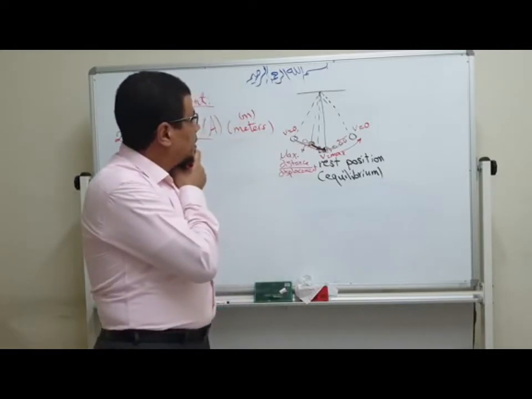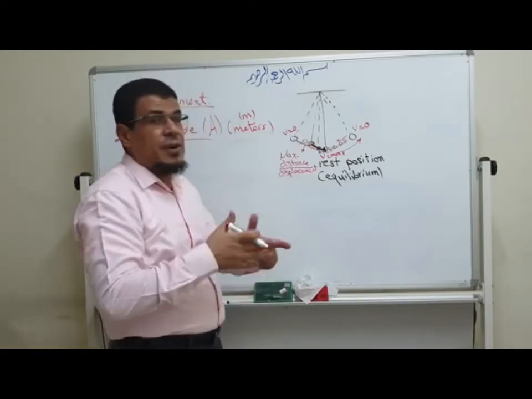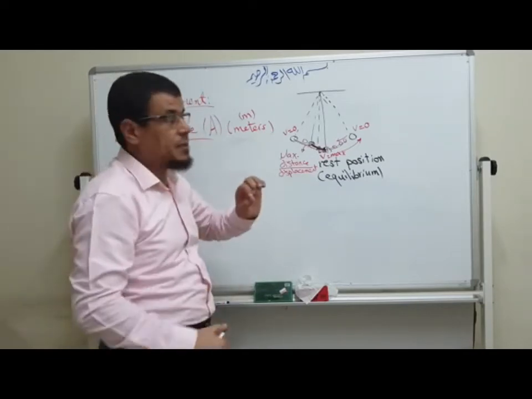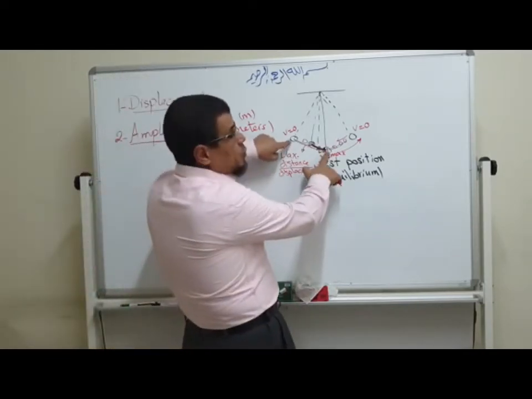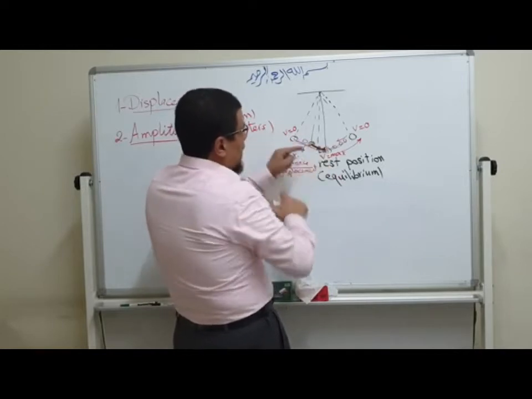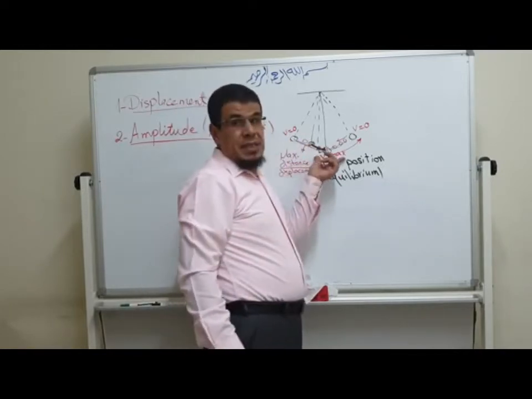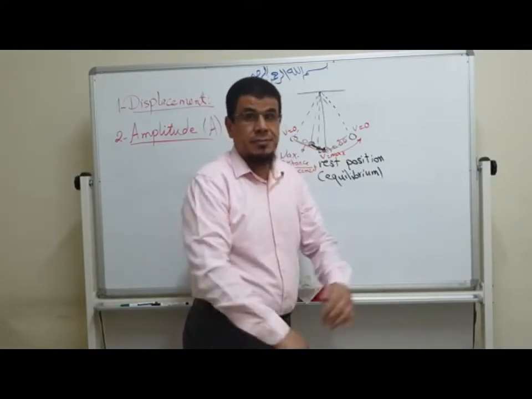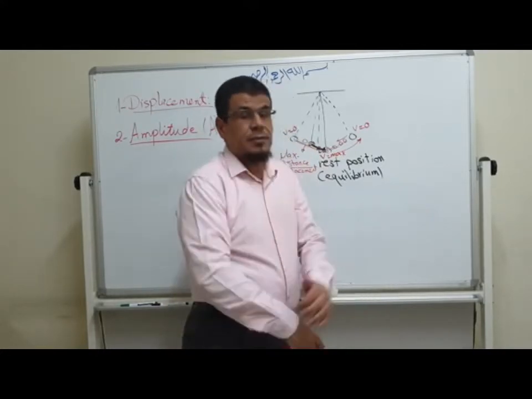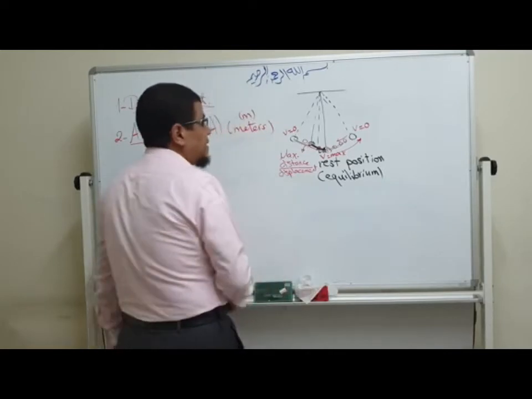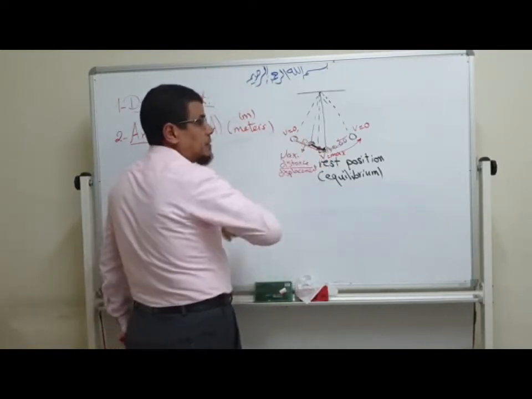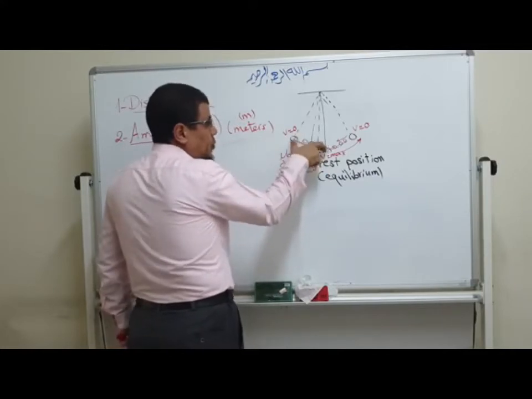So teacher, you mean that we can define amplitude as the displacement between 2 points? At one point the speed is maximum and at the other point the speed is 0? Yes, you can say this. You can say that the amplitude is the displacement between 2 points.